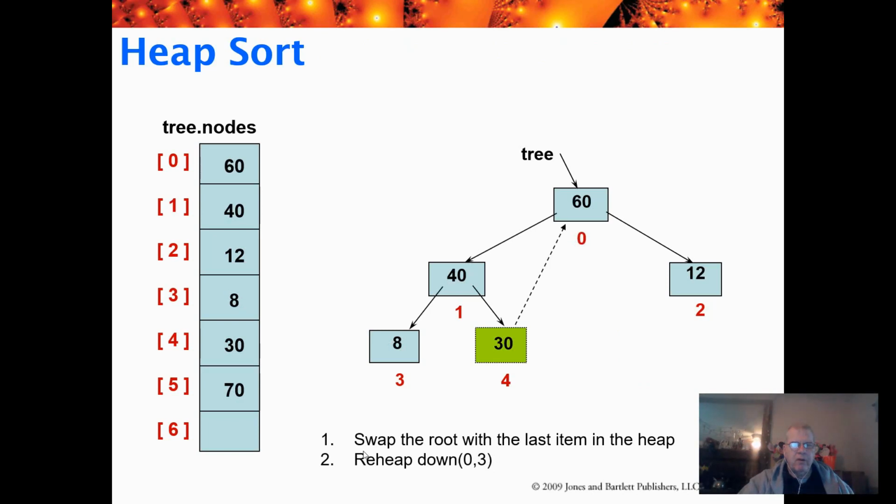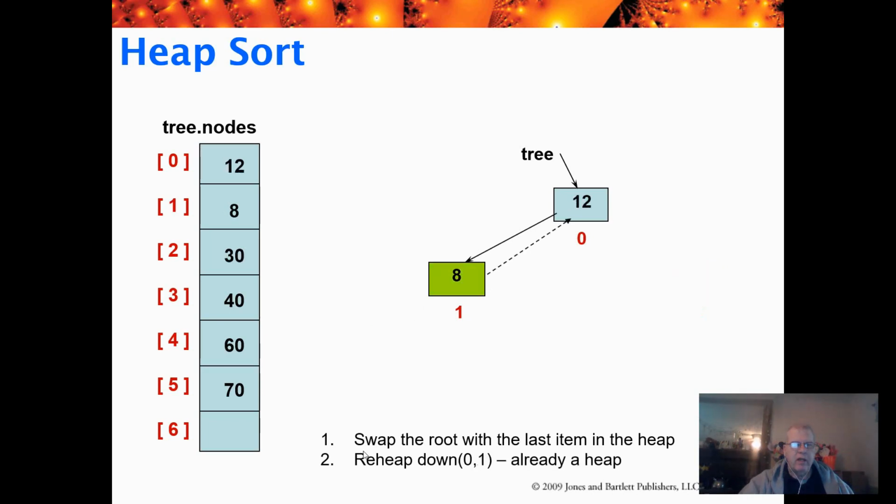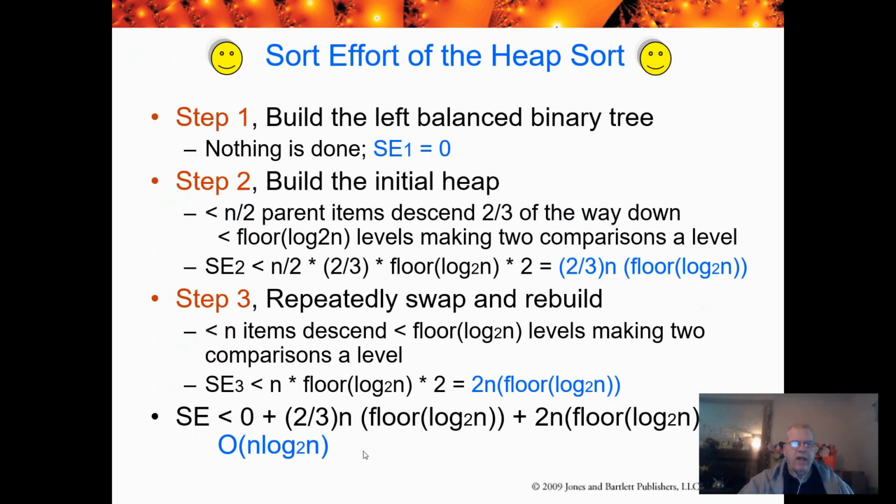And now we swap 30, the next last, after we've reheaped downwards and turned this new tree into an array, into a heap. We swap 30 with 60. Then we swap 40 with 8, and turn it back into a tree, and then swap 12 with 30 and 8. So that is the algorithm for sorting.